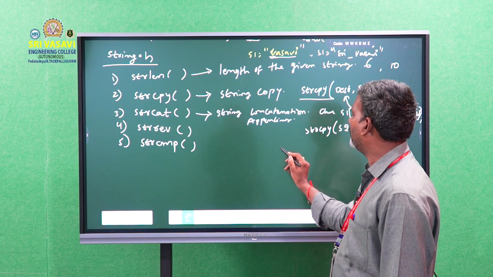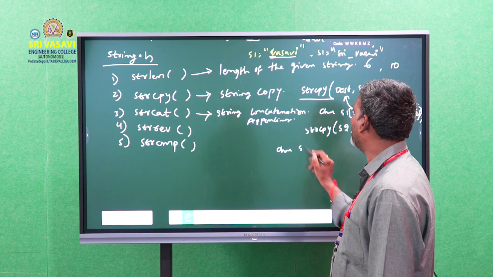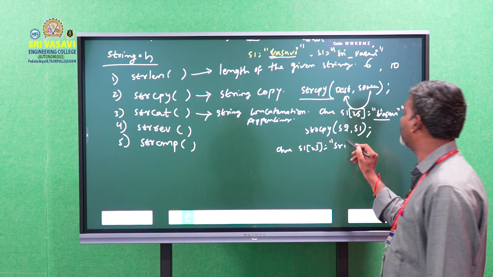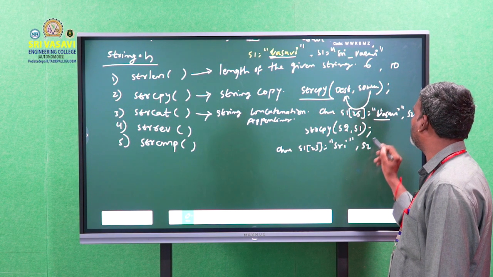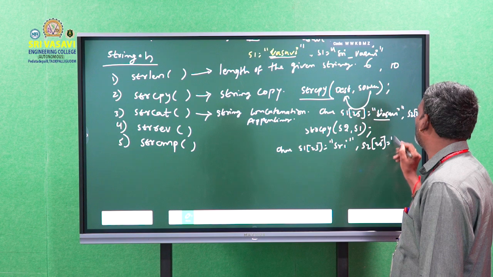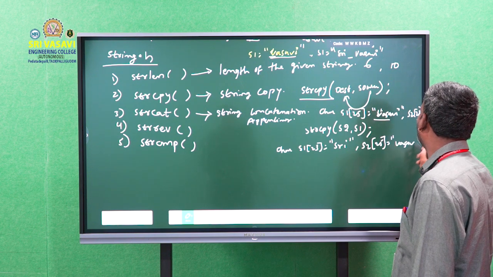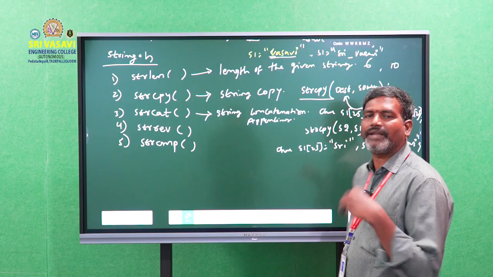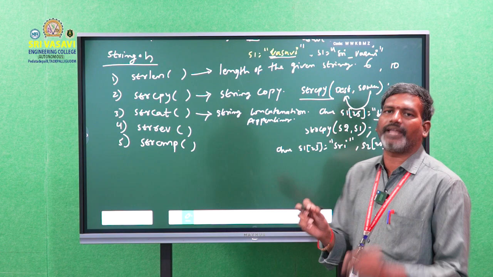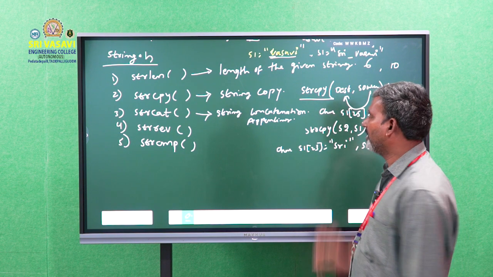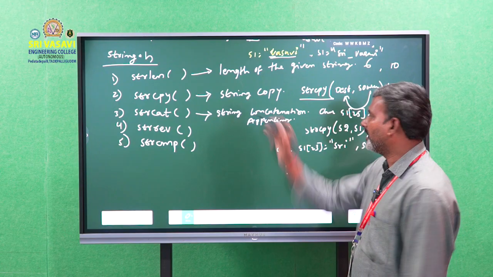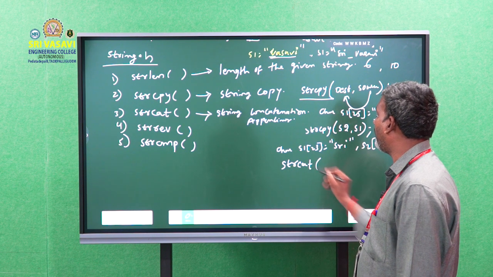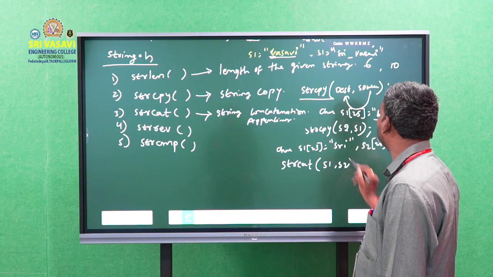For example, char s1 of 25 is equal to the word Sri, and s2 of 25 is equal to Vasavi. I want to add these two strings as Sri Vasavi. For doing this, I write a command called strcat of s1 comma s2.